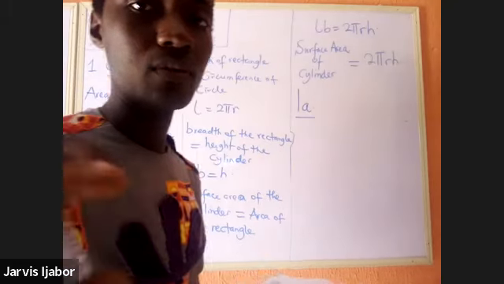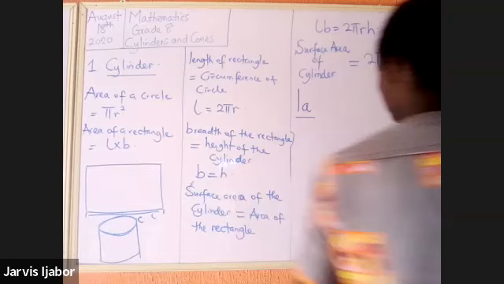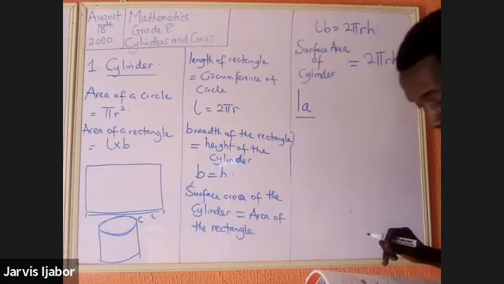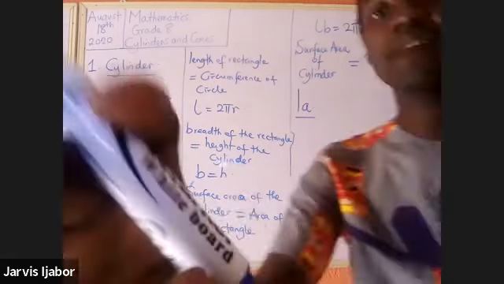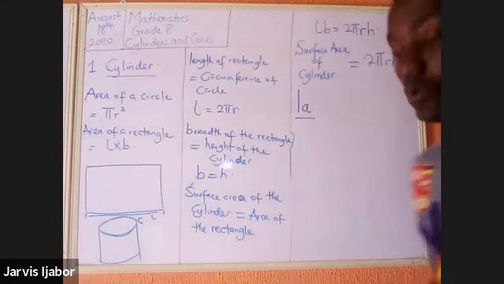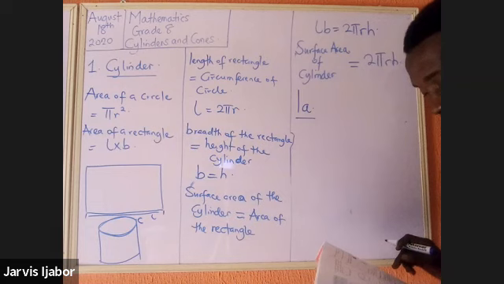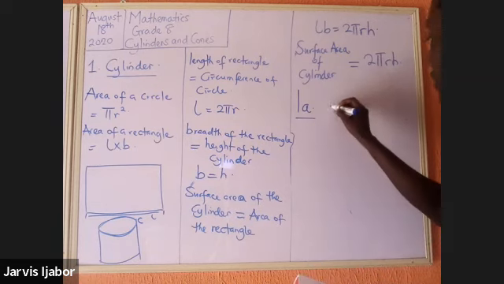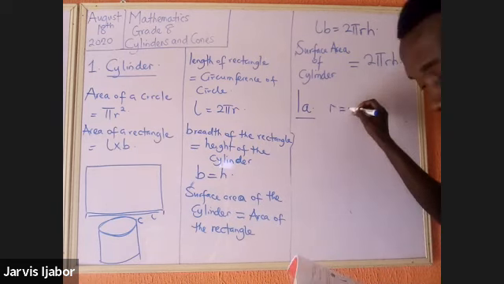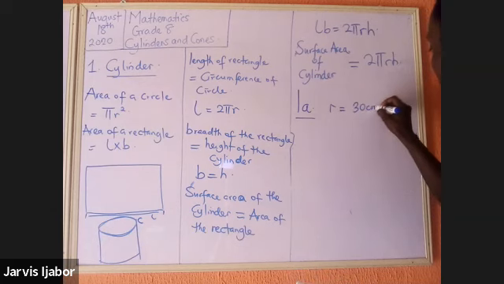Okay, so what you now have is: calculate the surface area. Now take note, the radius is equal to 30 cm.